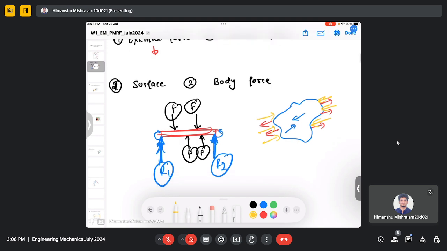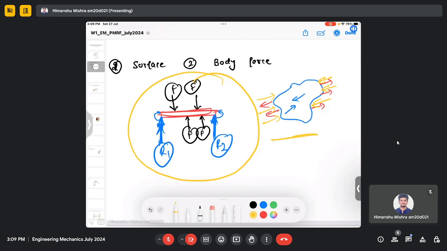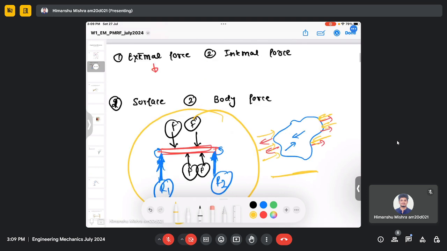So in this engineering mechanics course, we will be talking mostly about the external forces. We will not be concerned about the internal forces because we are not going to study how deformation takes place, what the consequences of deformation on the forces are, or vice versa. So in most of this course, we will be worried only about the external forces and not the internal forces.